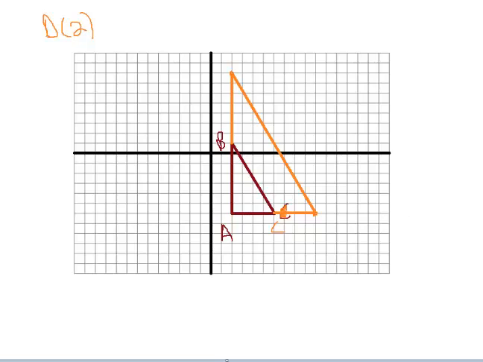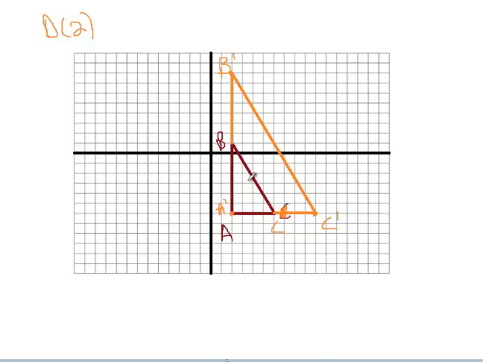We'll put this all the way down here. So now we'll name the new ones. This is A, and this is also A prime, by the way, since this is the center. Up here is B prime, and up here is C prime.